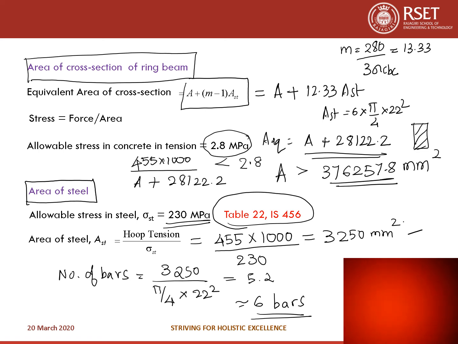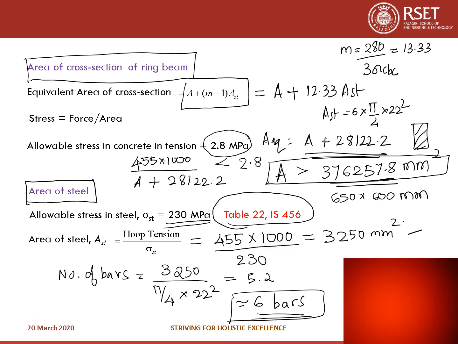So now provide a 650 by 600 mm ring beam. By providing that, you get an area of 390,000, so we satisfy this condition. So provide a ring beam of size 650 by 600 mm and provide 6 bars of 22 mm diameter.